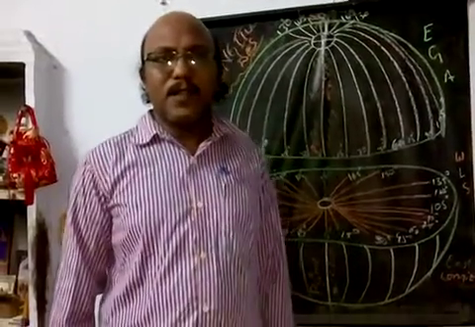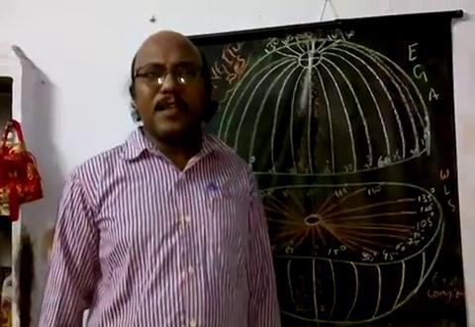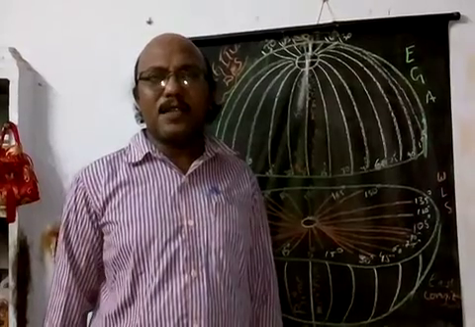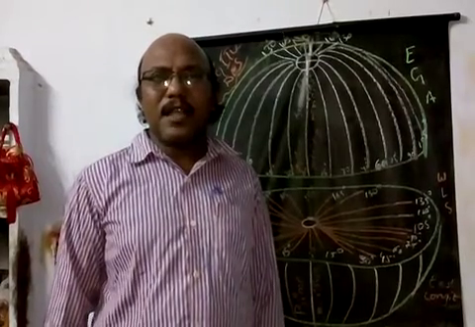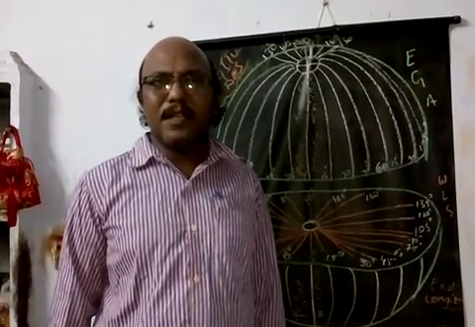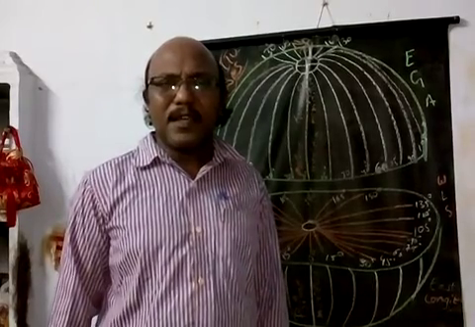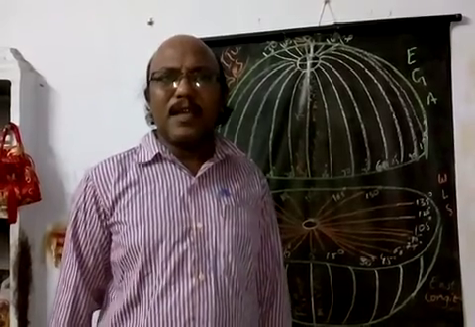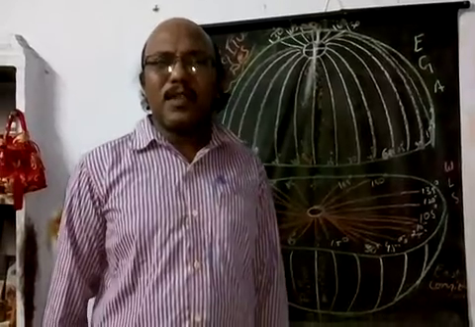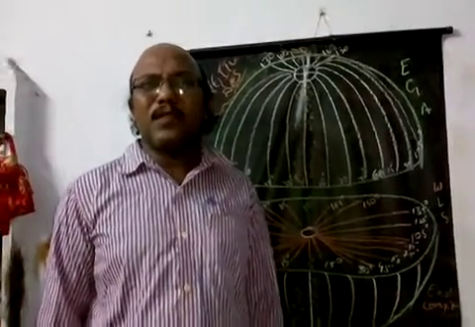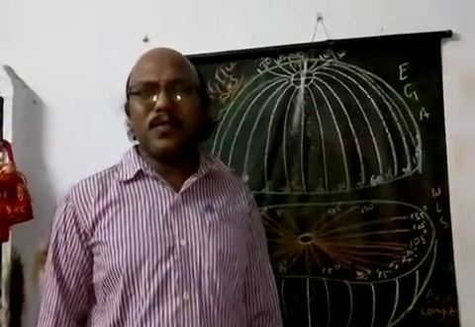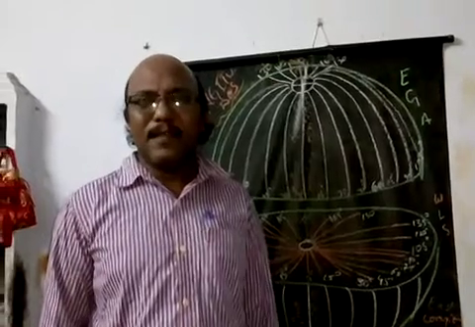Latitudes are called parallels and longitudes are called meridians. Meridian means noon. All these are imaginary lines. Finally, we conclude that with the help of latitudes and longitudes we recognize places, time zones, temperatures and everything.